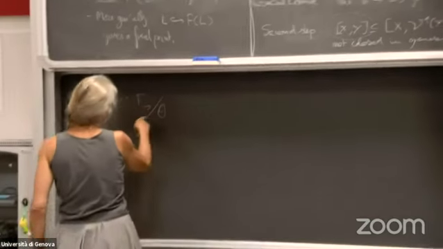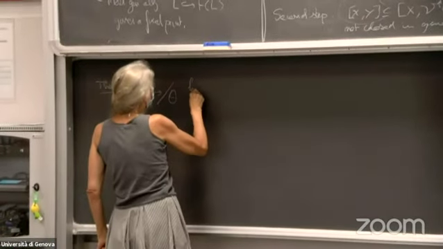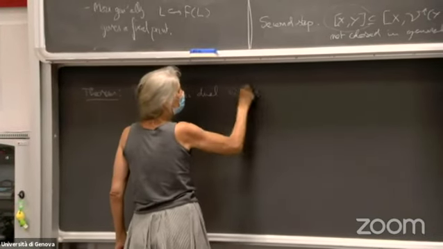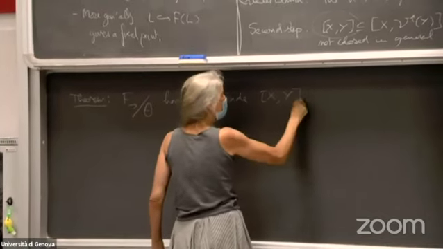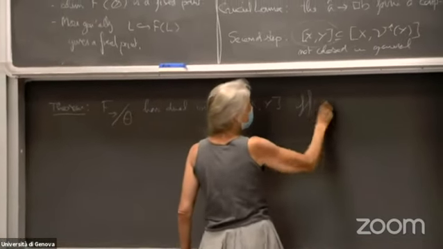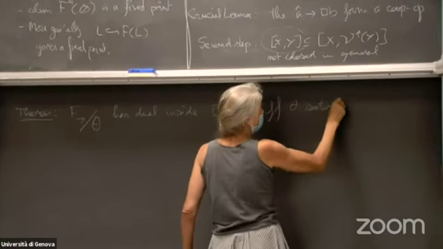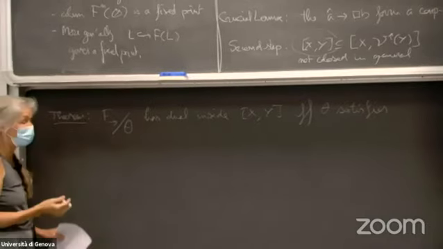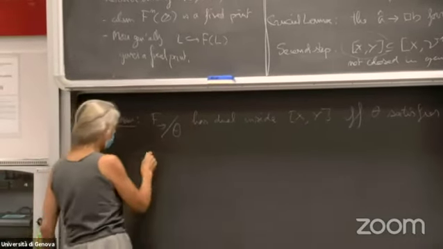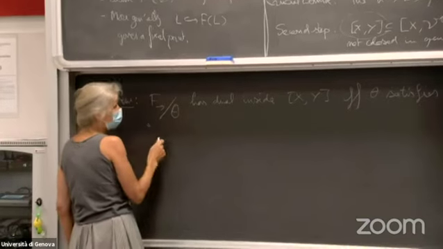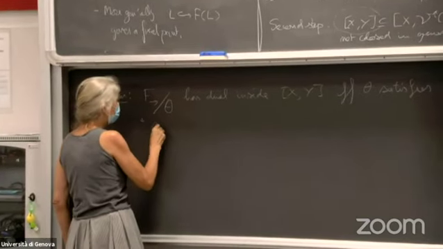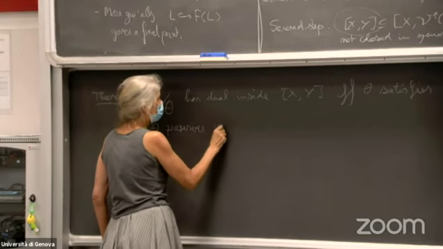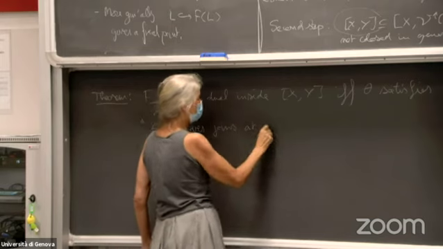Okay, so I can say such a quotient has dual inside XY if and only if theta satisfies what I have called, I made this up myself, so it's probably a bad name, theta preserves joins at primes, at prime filters.